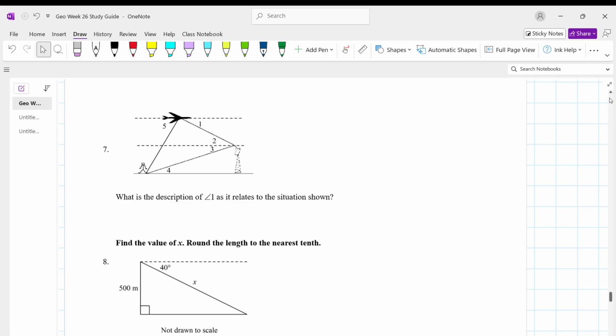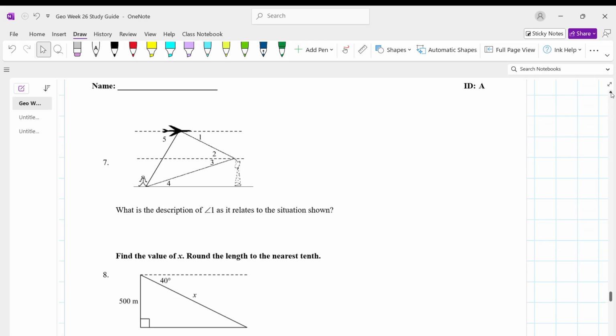Okay, problem number 7. What is the description of angle 1? All right, angle 1 is an angle of depression.